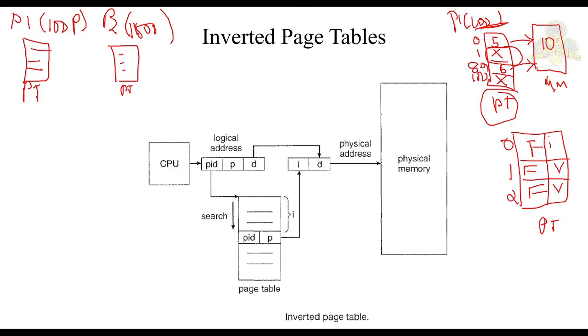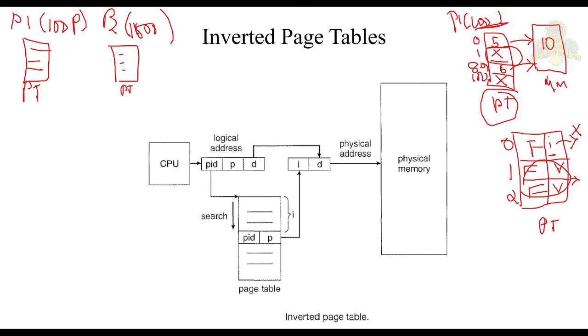Pages 1 and 2 have frame numbers and are marked valid, which means these two pages are present in main memory. Page 0 has a frame number but is marked invalid, which means page 0 is not present in main memory. This is how your page table would look.